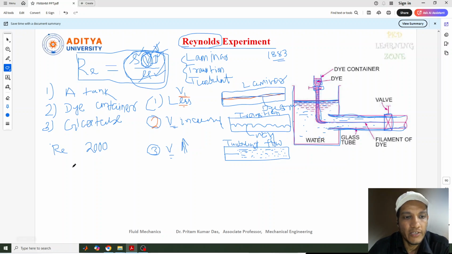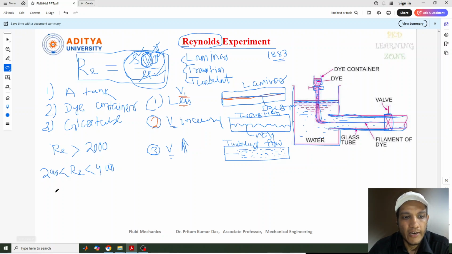When the Reynolds number is more than 2000 and less than 4000, at that condition we have transition flow.